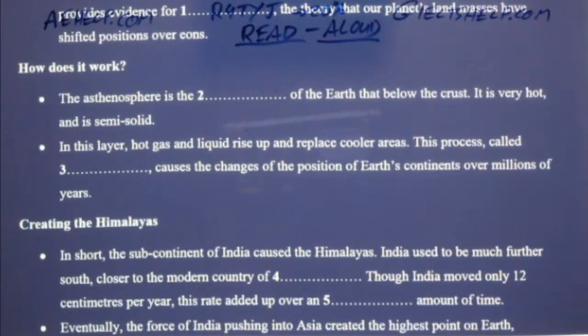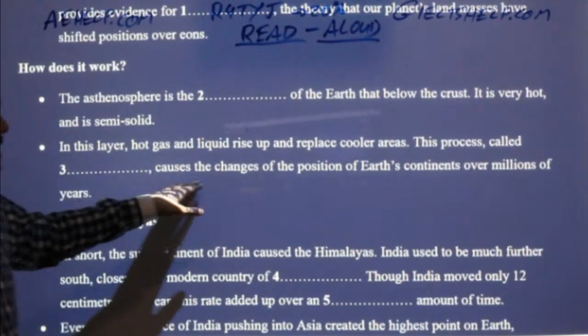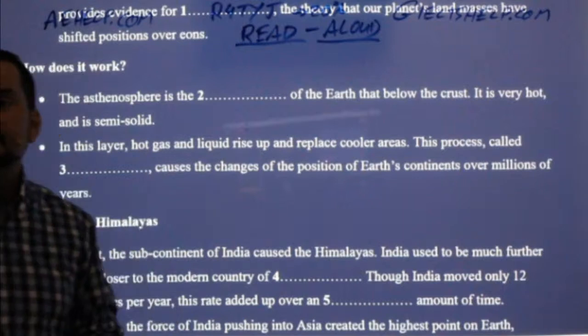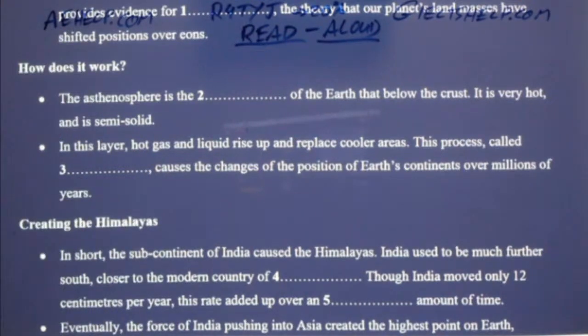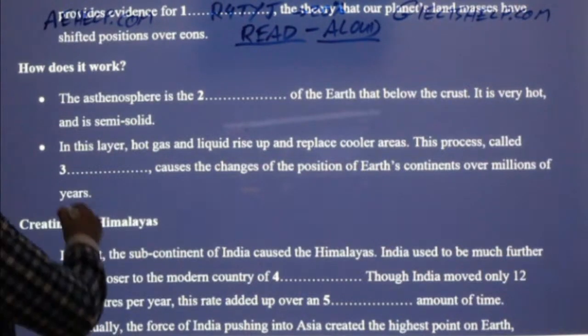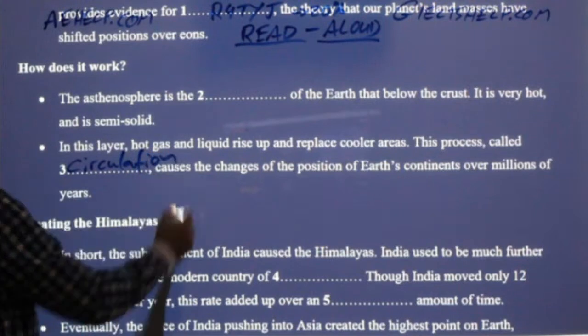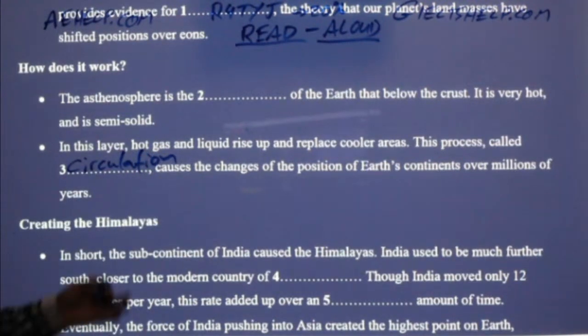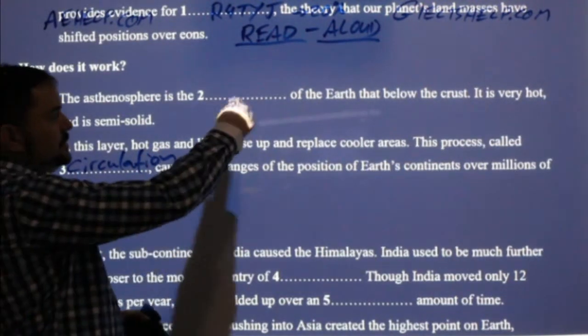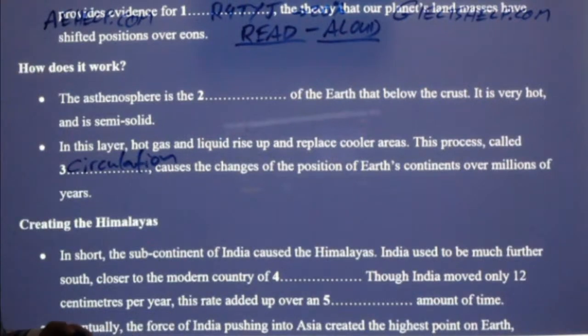This process called something causes the changes. Convection, circulation. Yeah, it's called circulation. This process is called circulation, because it's circling, so it's not actually convection here. Convection is a little bit different.